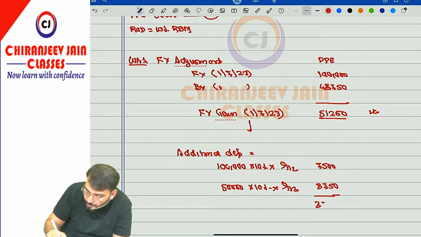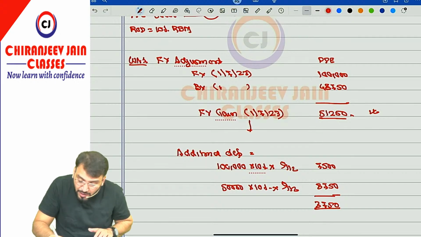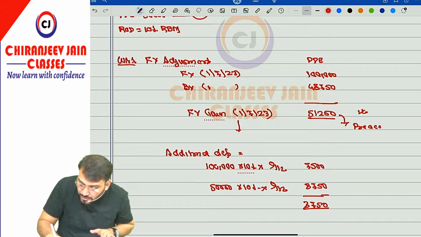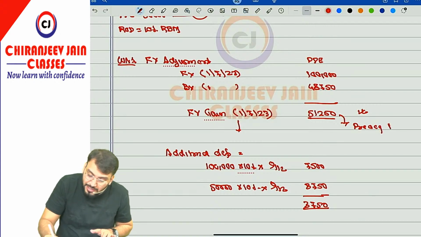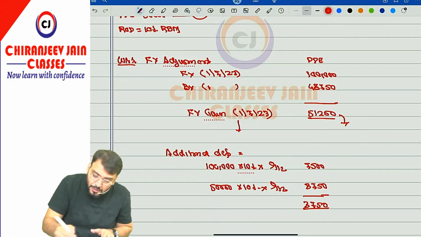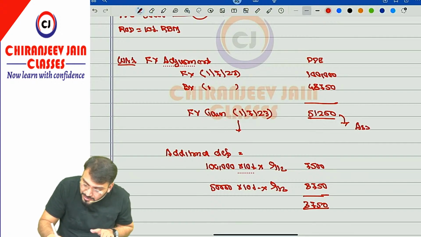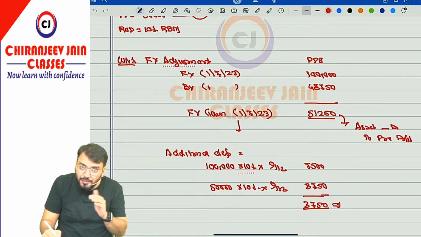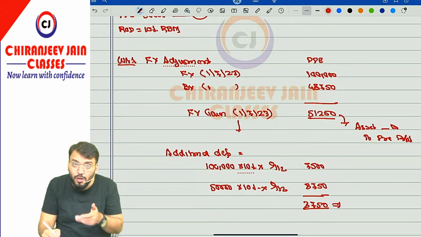Have you understood this point? Correct. So for this, what journal entry we are doing? Pre-acquisition profit will increase. Means journal entry we say asset account debit to pre-acquisition profit. Asset will increase, means pre-acquisition profit will increase. And for this, can I say asset will decrease and post-acquisition profit will also decrease.